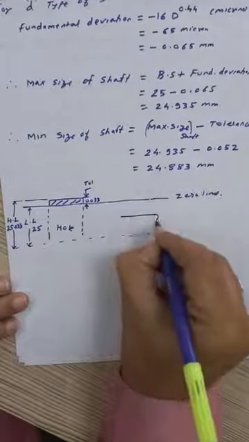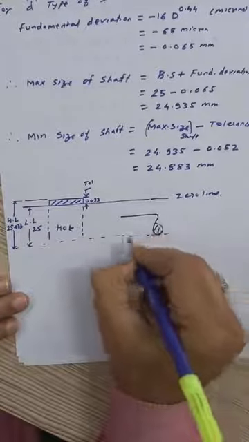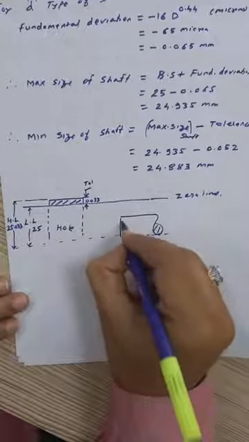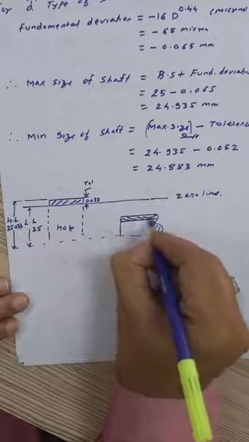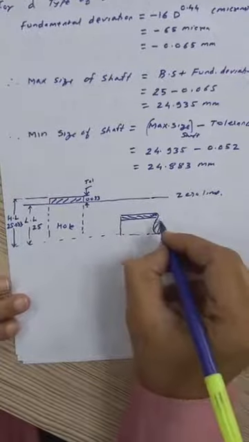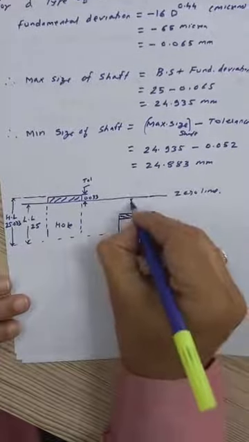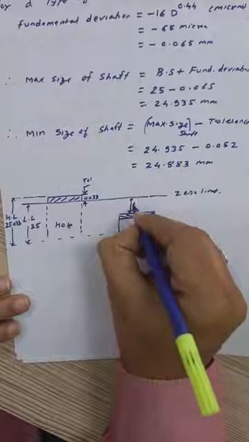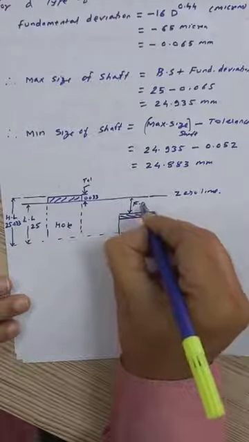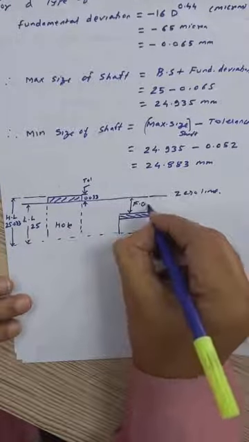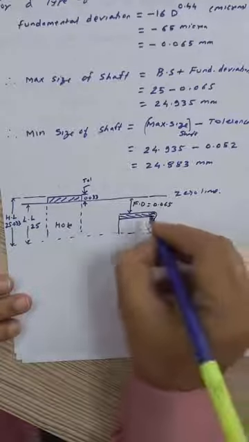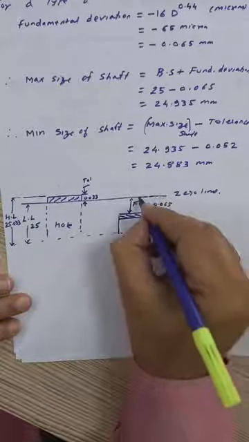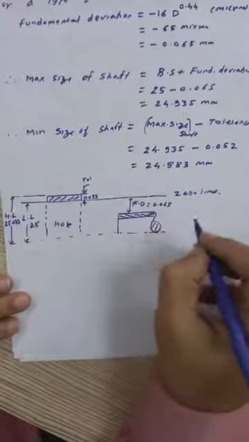This is the shaft. This is the fundamental deviation for shaft, that comes to be 0.065, minus, because it is below the zero line.